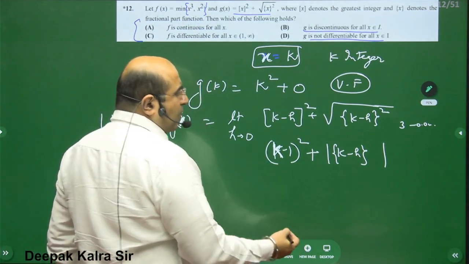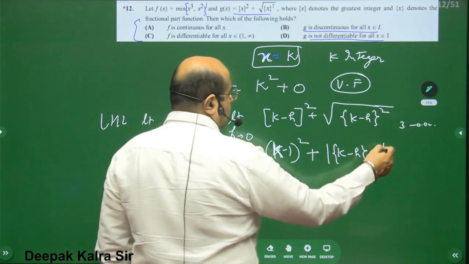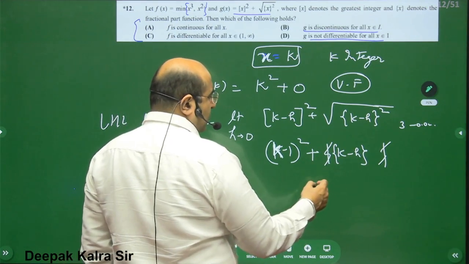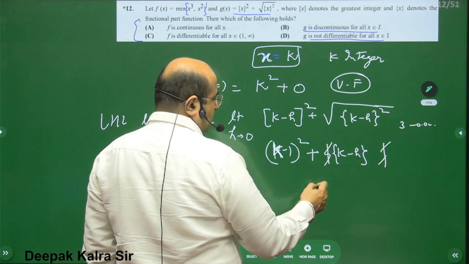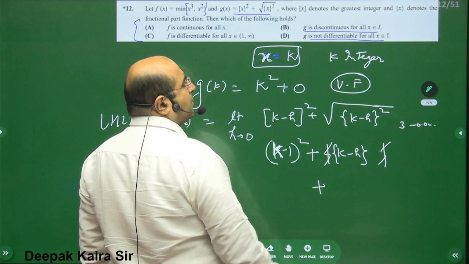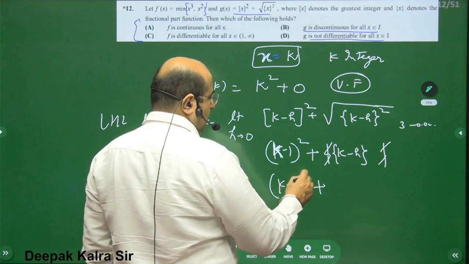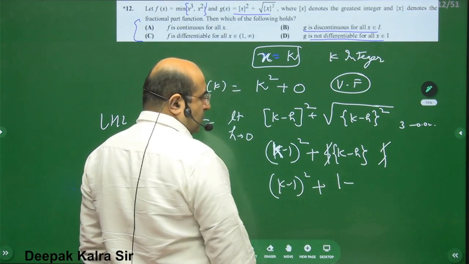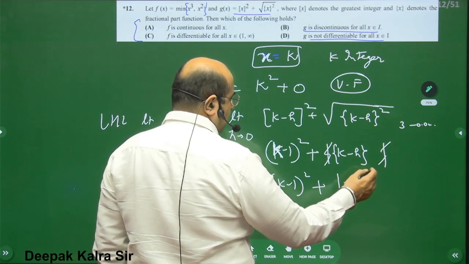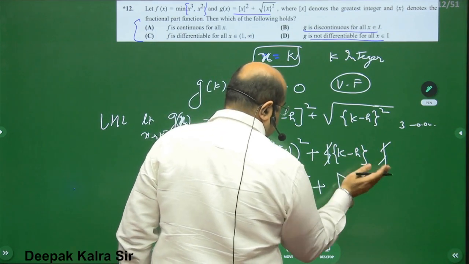And it will work without mod also, because fractional part always lies between 0 to 1. And k minus h will give me the value which is, 1 minus, right? One minus h I should give, or 1, or k minus 1 I guess.